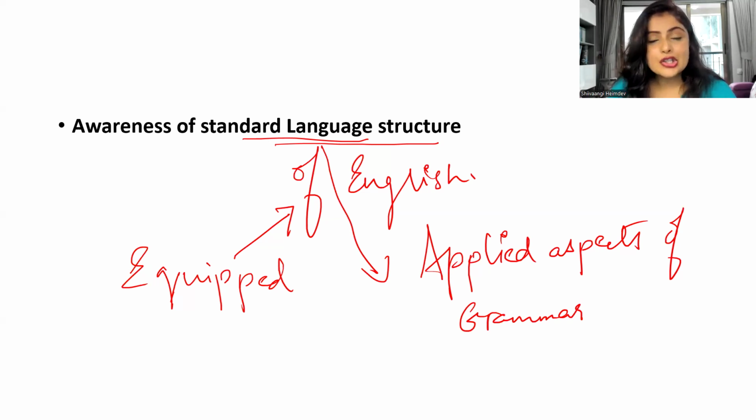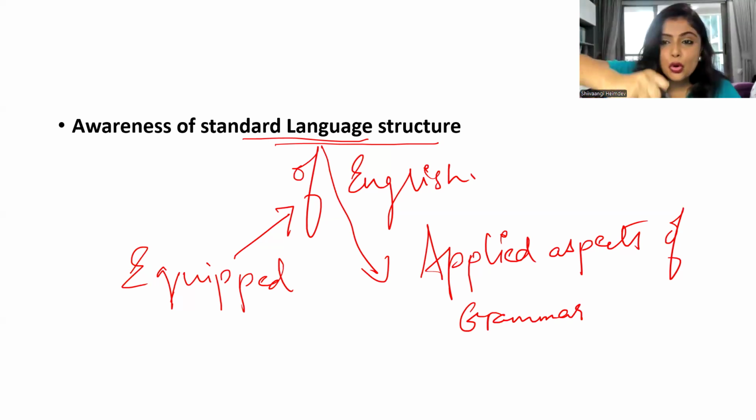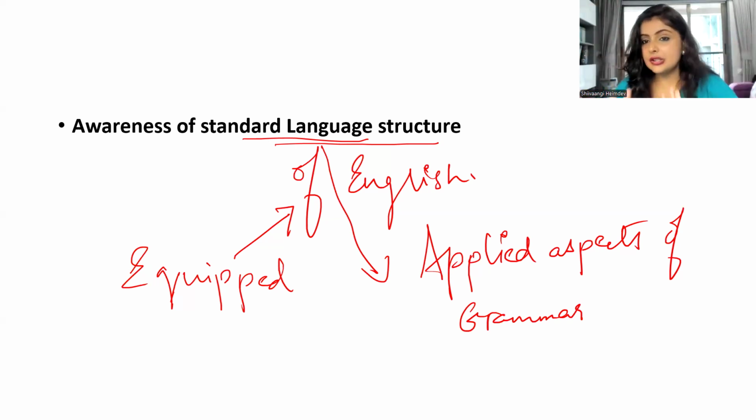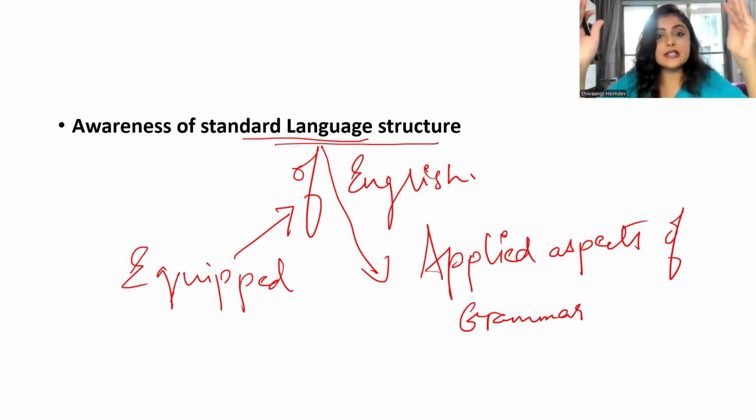The knowledge that is required to create sentence structure is how you are supposed to use all these eight parts of speech that I keep talking about, the eight parts of speech which make up your English language. Only once you are equipped with using all these eight parts of speech correctly is the day when you will be familiar with different sentence structures.